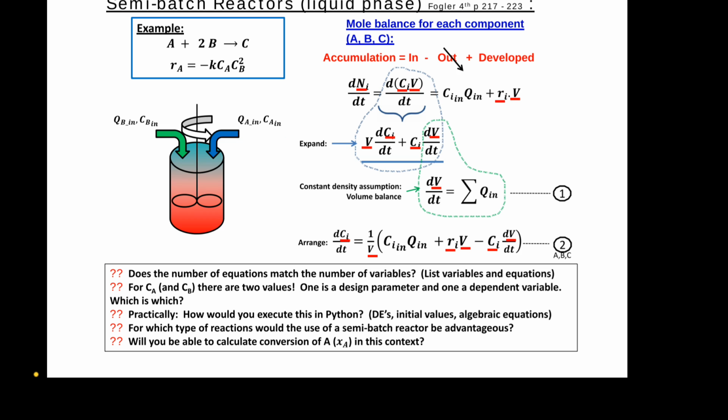The first approach, described on the slide here, wants us to rewrite the differential equation so that concentrations of the different components inside this reactor are the dependent variables and not the number of moles as they change with time. This requires us to do some calculus, and it's great fun because we can flex our mathematical skills muscles.